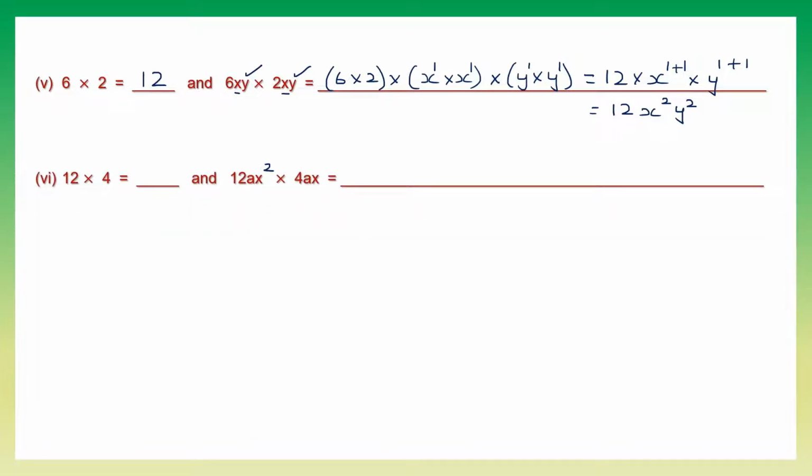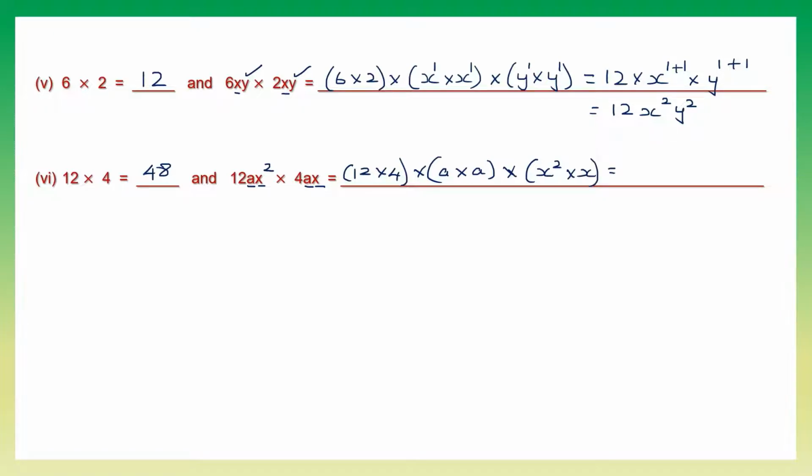Next question. 12 into 4. 12 4s are 48. Now here again we have the numbers. 12 into 4 into, let's take a. There's one a here and one a here. So a into a into, let's take the x. We have x square and x. So that is x square into x.